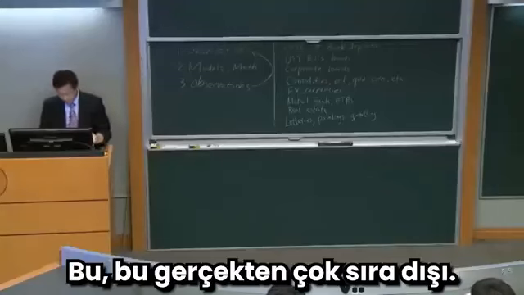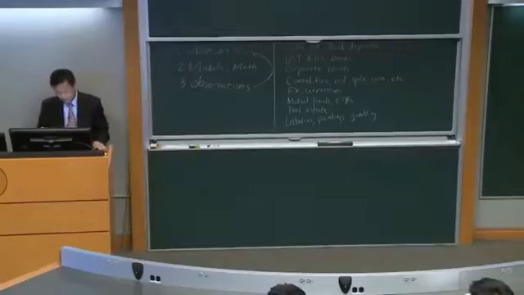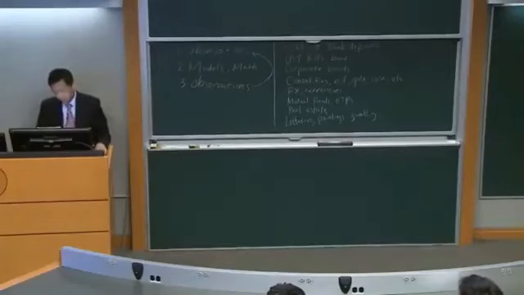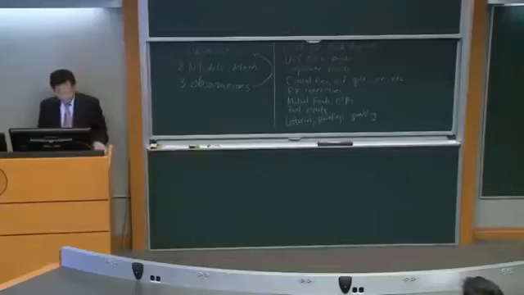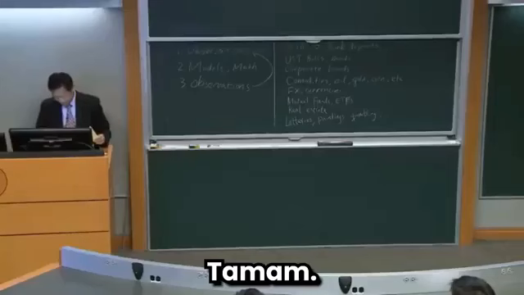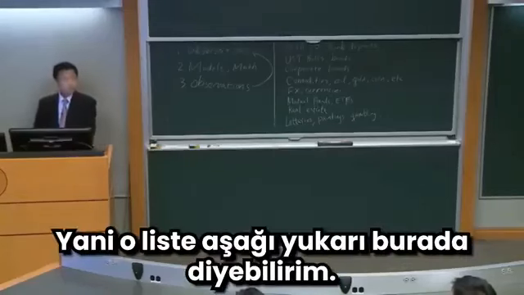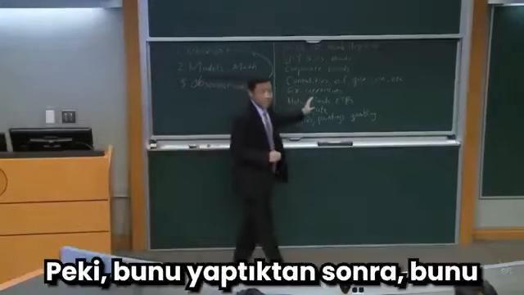That's very unique. And Apple stock, Google stock, gold, long-term saving annuities. Yahoo, Morgan Stanley stocks. I like that. Family trust. Okay, I think that pretty much covered it. So I would say that list is more or less here.